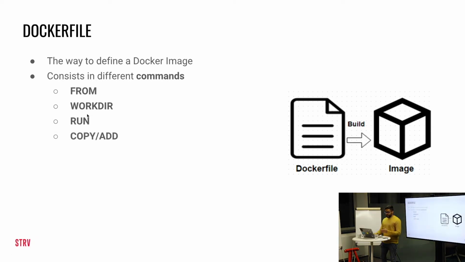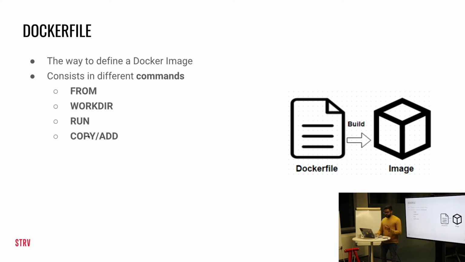Then we have COPY and ADD. Those work pretty much similarly. Basically, you can copy from your local host to the container at build time. In our case, the thing that we need to copy is the code base itself, because we will have our Node.js image, but we need to copy our code base.